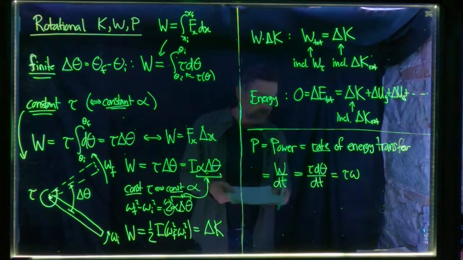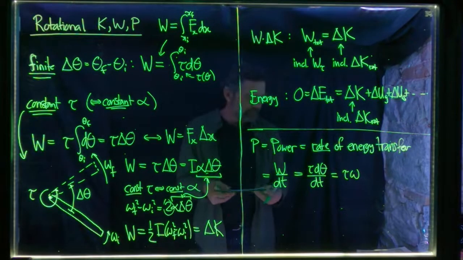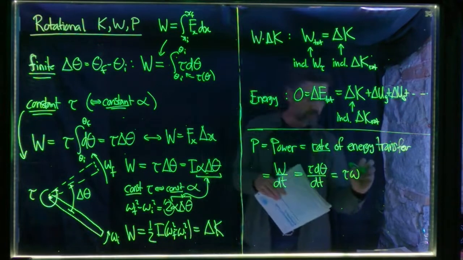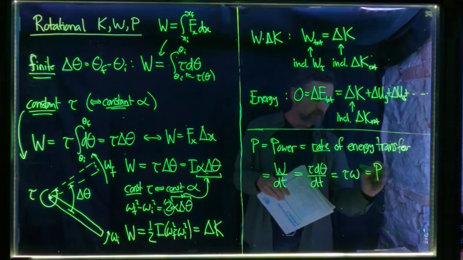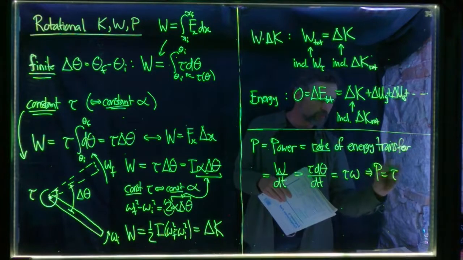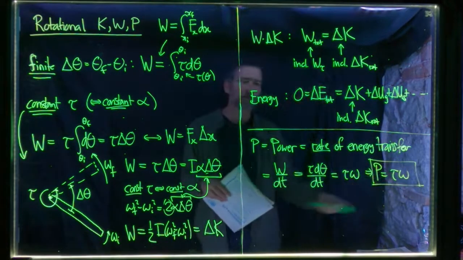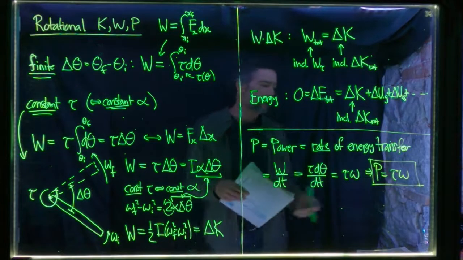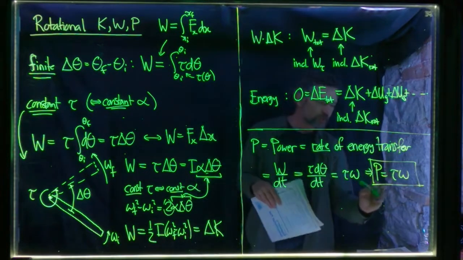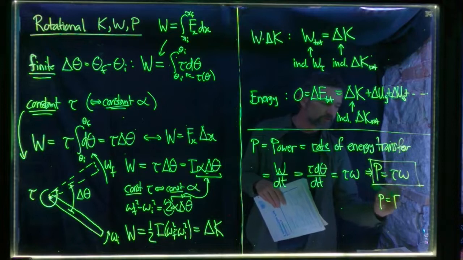And so we have this general result that power is equal to torque times angular velocity. This is completely analogous to the idea in translational motion that power is force dot velocity.